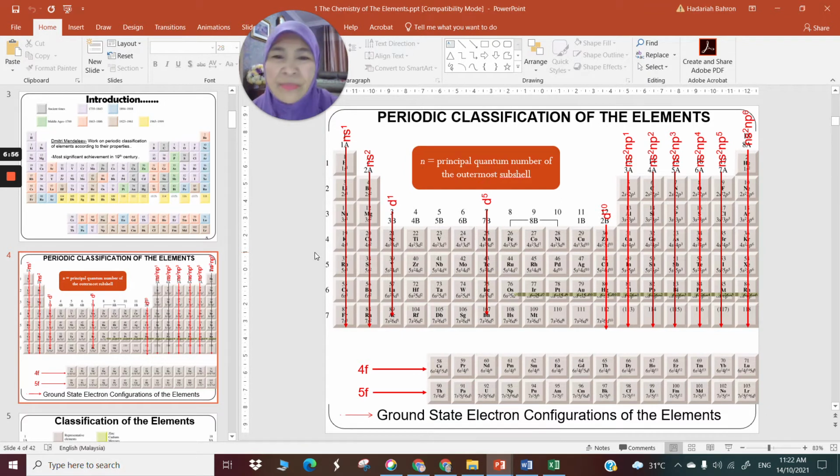Sambal? d and p. So we also have the f block down here. So that is all classification according to the location of the outermost electrons or the valence shell electrons.